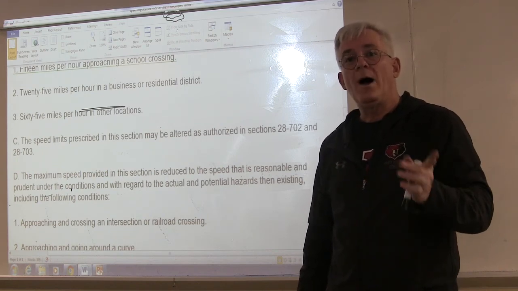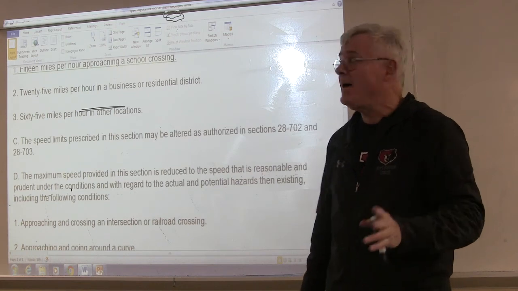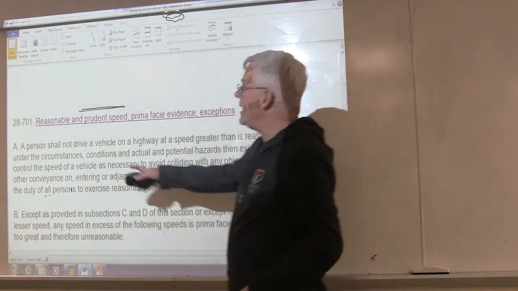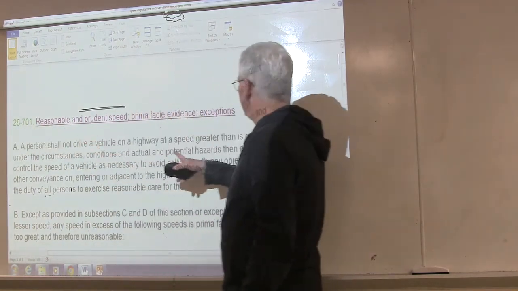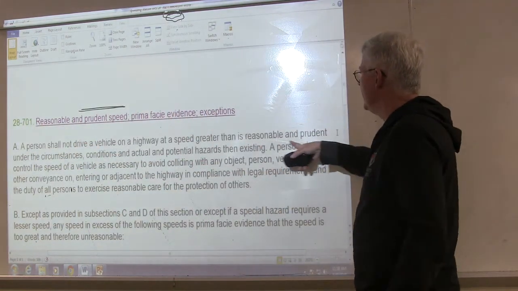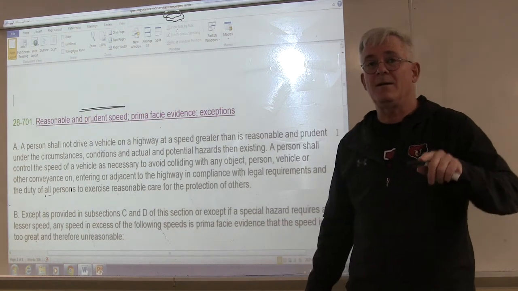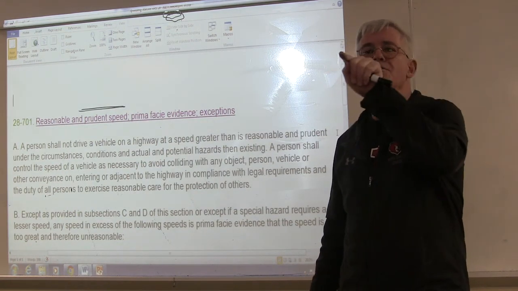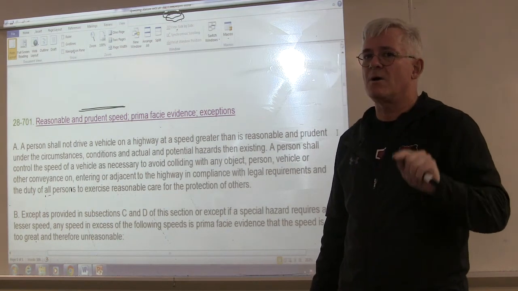For what? For violating 28-701 by driving unreasonably. By the way, if you get a speeding ticket, look at it and it will have 28-701 unreasonable driving. It won't say driving over the speed limit.